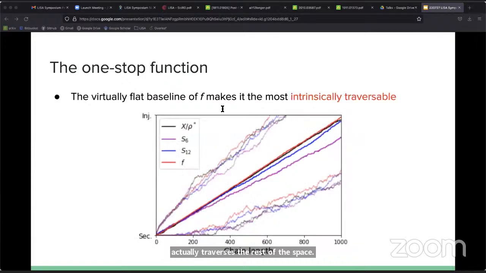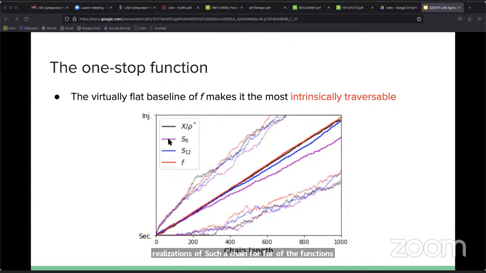And of course, the ease of traversability for any search function is directly related to how smooth it is. This may sound a bit obvious in hindsight, but it's also straightforward to show using a Metropolis-Hastings chain that I direct along the line from the secondary to the signal. This figure shows 1,000 realizations of such a chain for 4 of the functions in the previous plot.